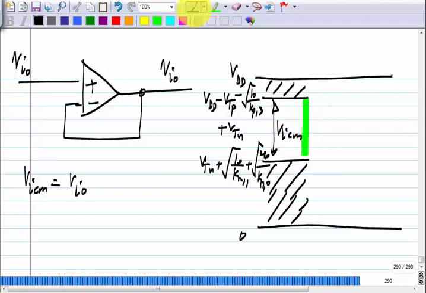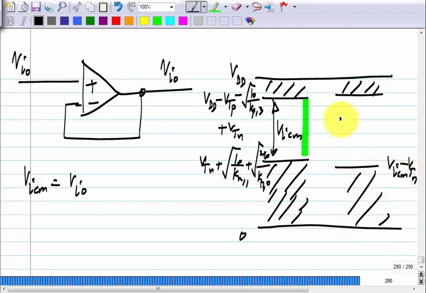And the output also has some limits. So, it depends on the chosen input common mode voltage. So, VO will vary between these, where this is VDD minus square root I0 by Kp3. Okay.